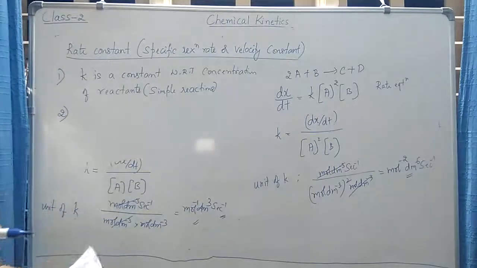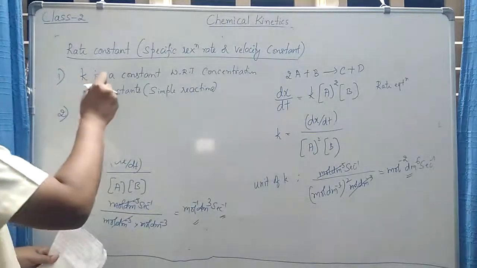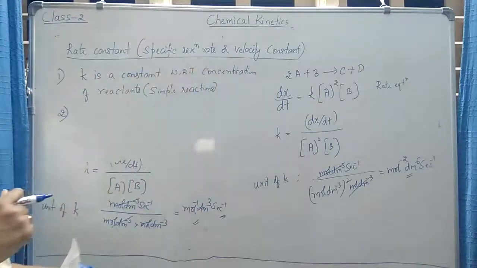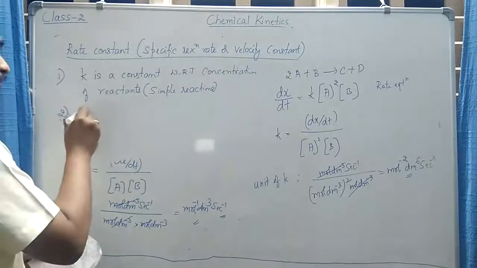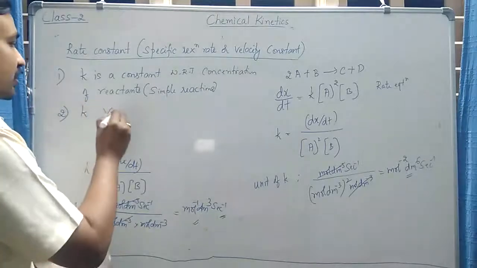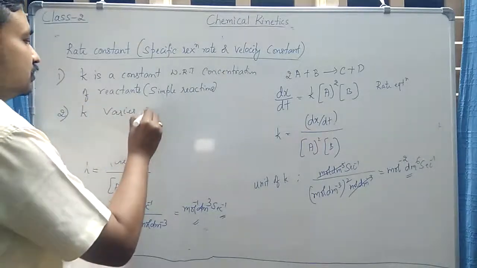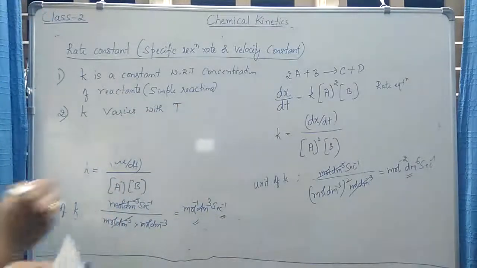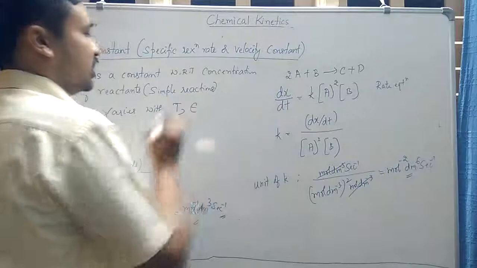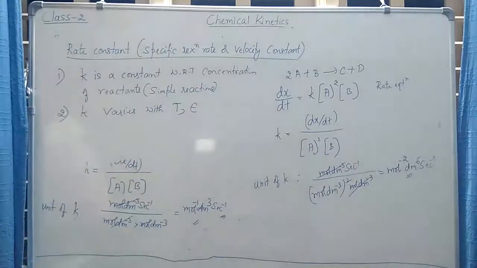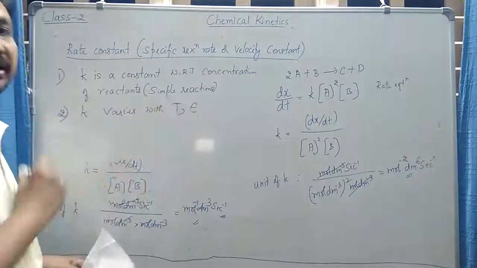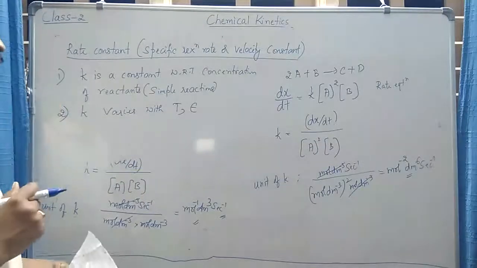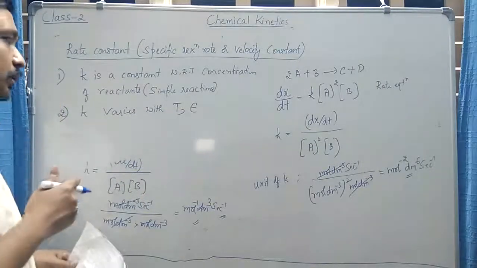The second factor is, though rate constant does not change with respect to the concentration of the reactant, it definitely changes with other factors. If you change the temperature, rate constant changes. If I change the dielectric constant of the solvent, then the rate of the reaction changes depending on the particular reaction, not for all reactions.